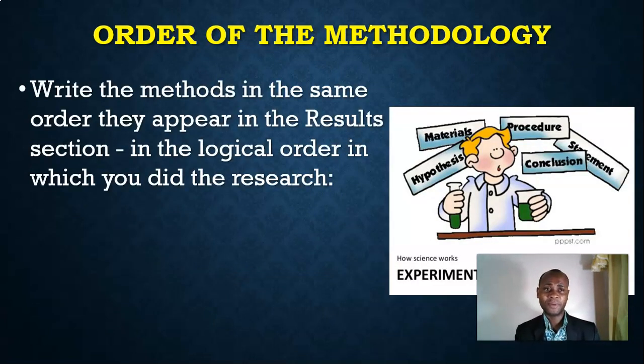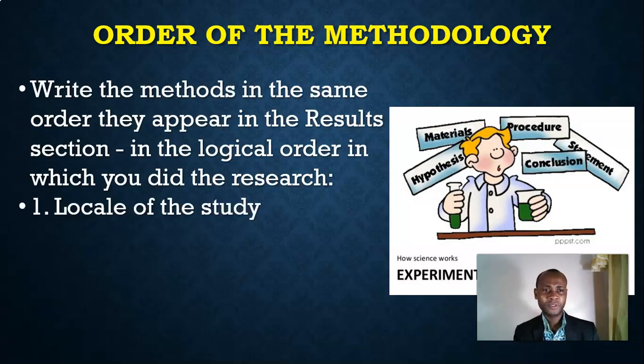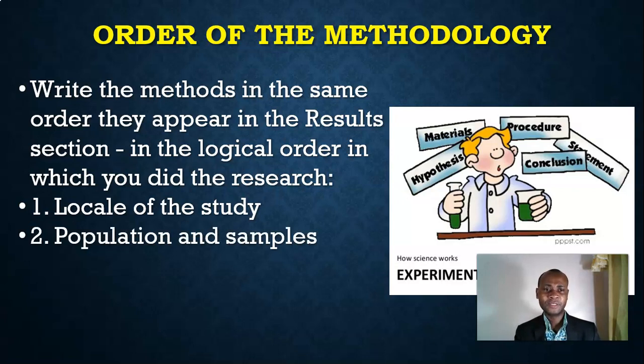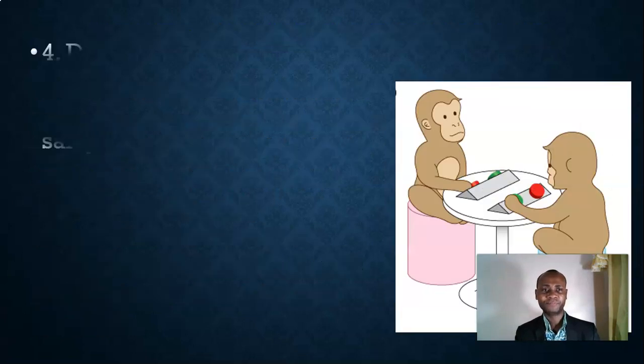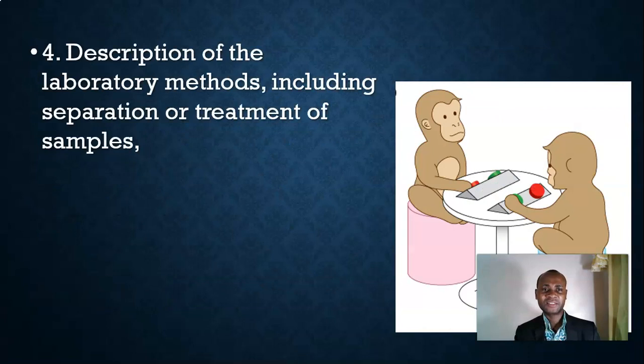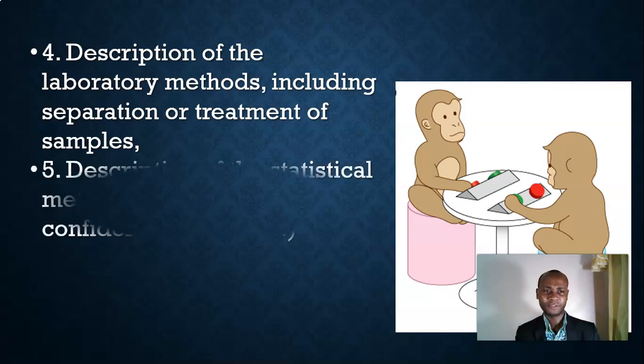Order of the methodology. It usually begins with the research locale, and then the sample and population, and then the survey of experiments done, giving information on the dates and so on. Then the description of laboratory methods, including separation or treatment you used.